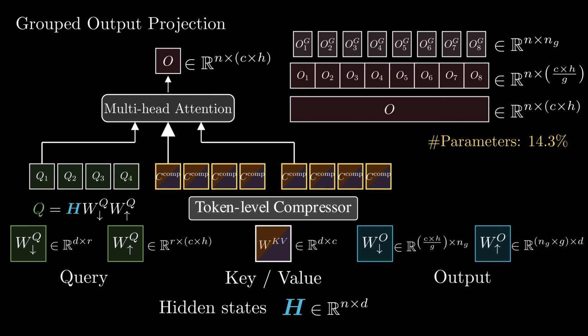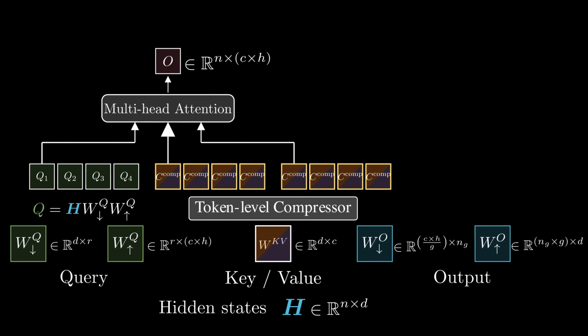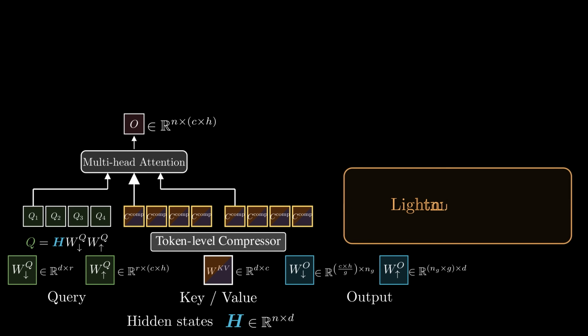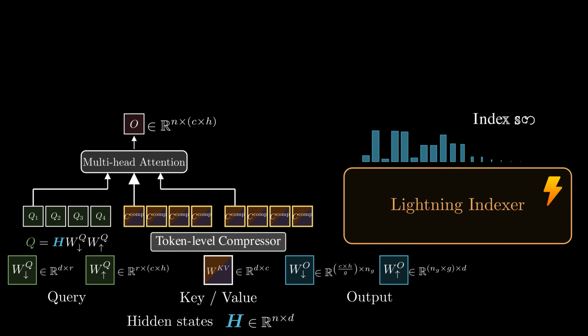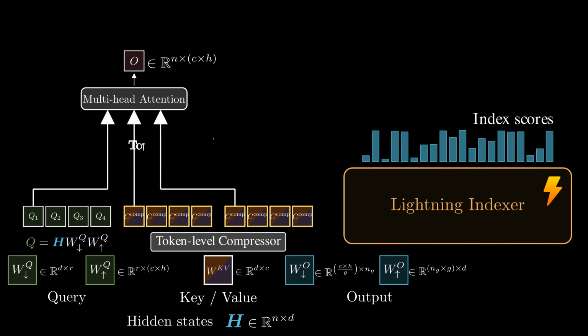But even with token compression, we still need to calculate the attention between the current token and all preceding compressed key-value entries. This results in a slower tokens per second throughput. To fix this, we leverage a lightning indexer. The core idea is to efficiently score each compressed KV entry and select only the most relevant ones for the full attention computation.